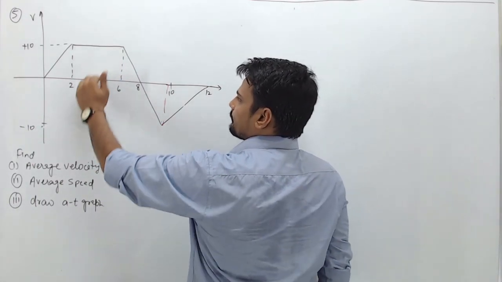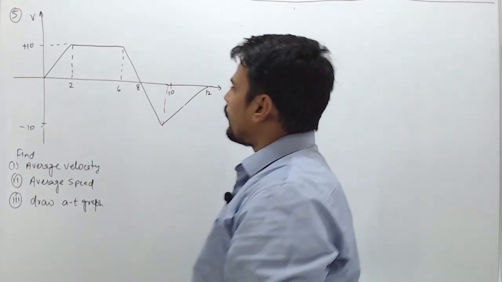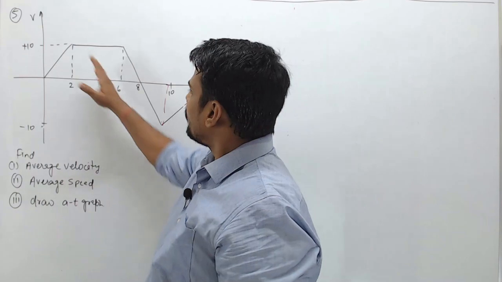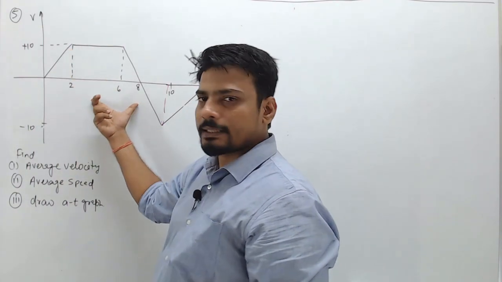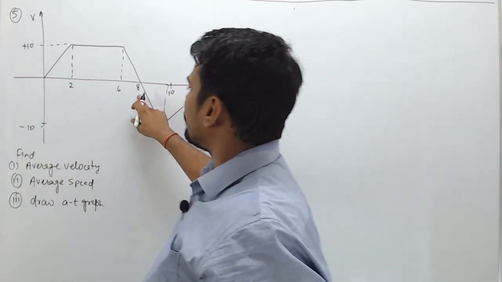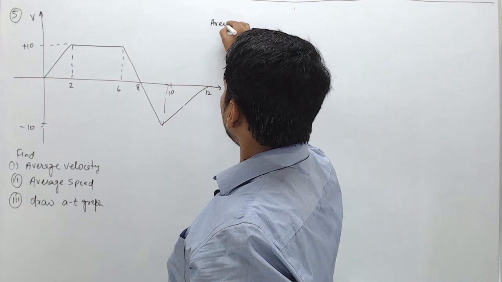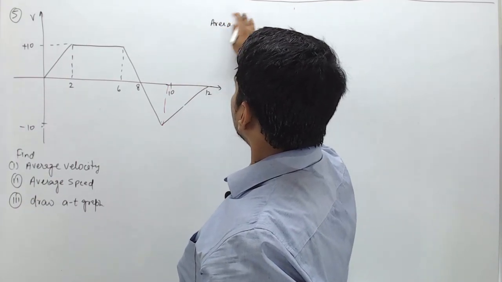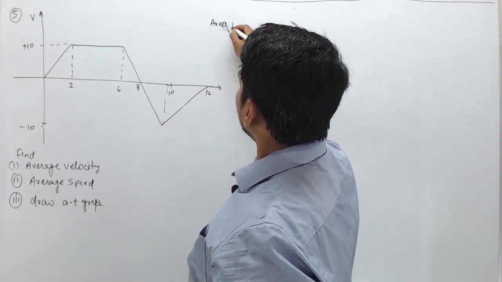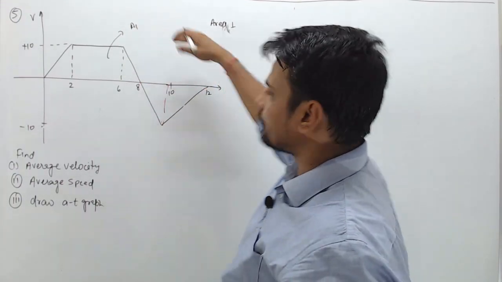This looks like a trapezium, right? So having the two parallel sides, 8, and this side is going to be how much? 12 minus 8 is 4. So this length is going to be 4, this length is going to be 8, and the height is 10. So the area of the trapezium, I'm taking this as area 1, the positive part.